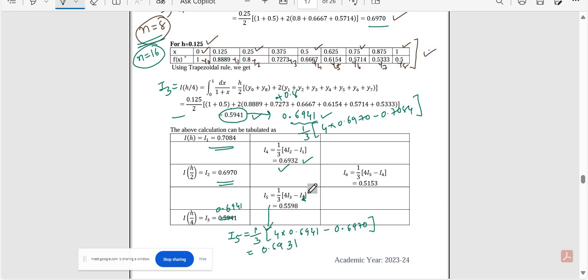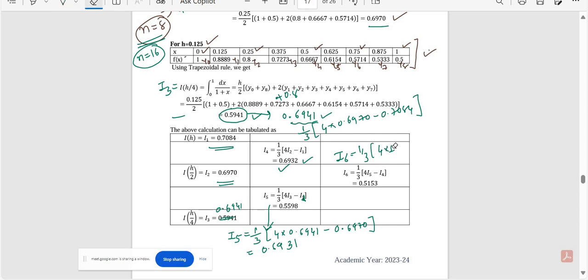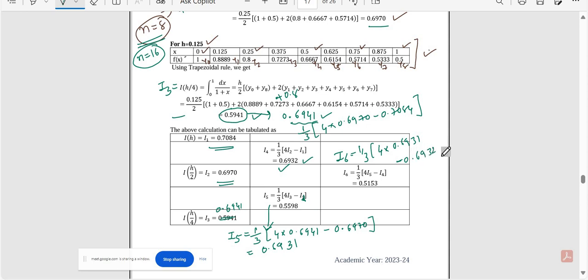Now this is my second column. Now I go for the next column. Here I reached up to I5, so I6 will be the same way. I6 is equal to 1 by 3, 4 times I5. I5 is your 0.6931. So 0.6931 minus this is your 0.6932.